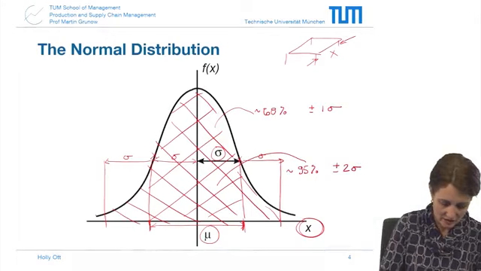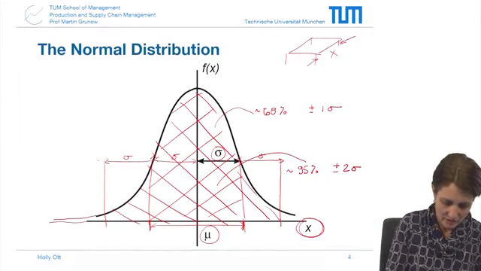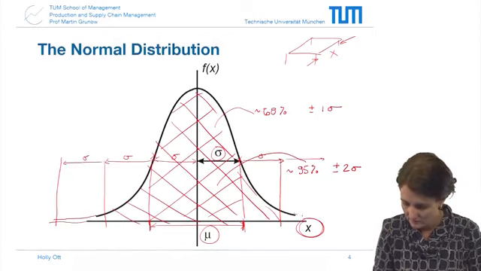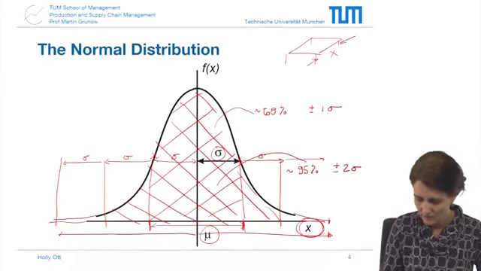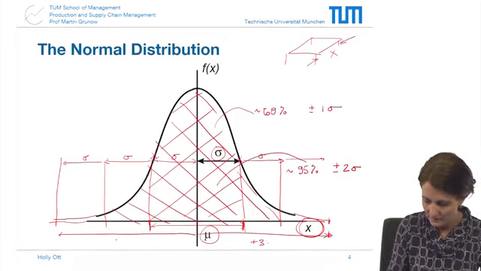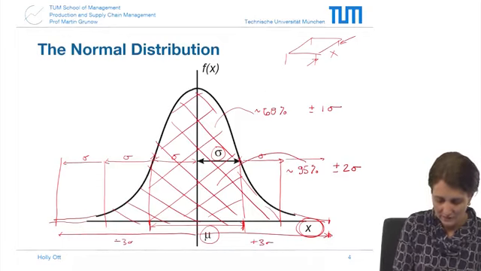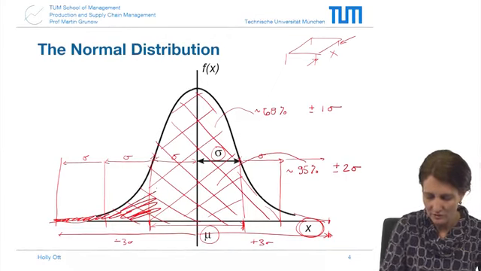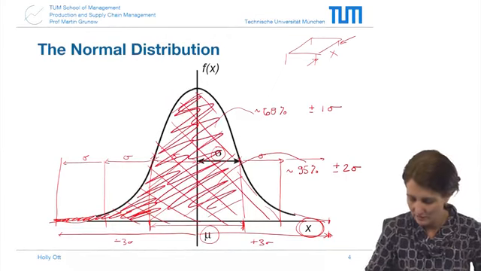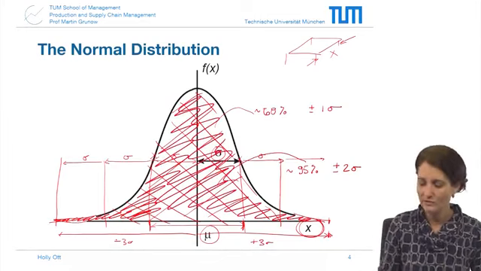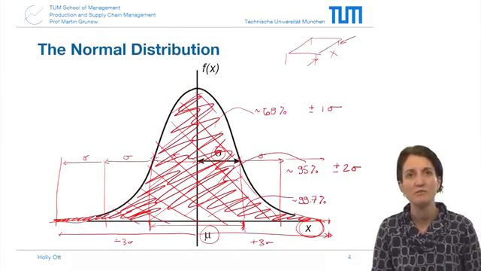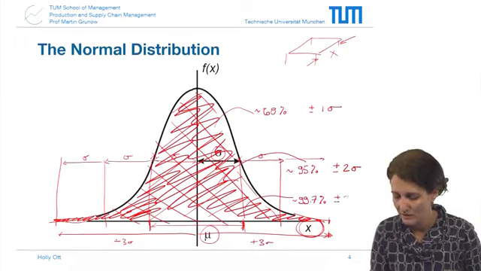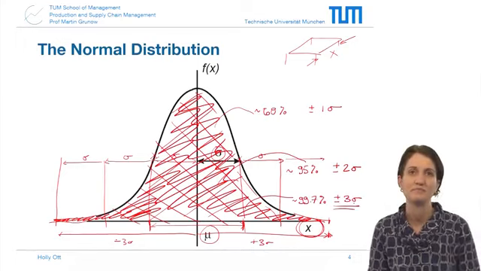And if we stretched our normal distribution out 1 more sigma, so that in total we were within plus 3 sigma and minus 3 sigma of the mean, and colored in this entire distribution, we would find out that about 99.7% of all our tabletops would lie between plus or minus 3 sigma of the mean.